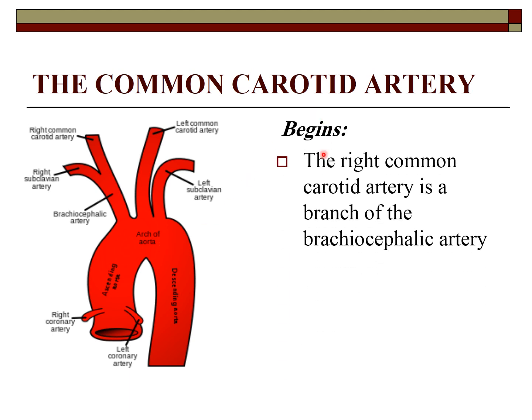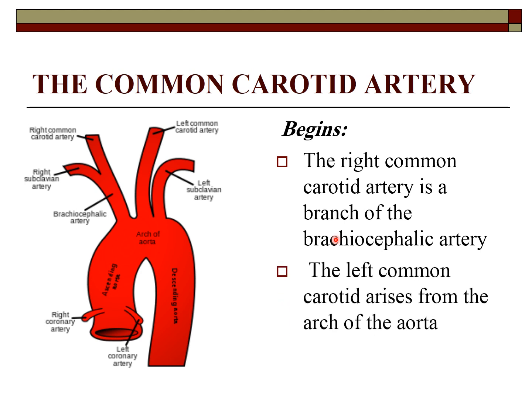The right common carotid is a branch of the brachiocephalic artery. The left common carotid arises from the arch of the aorta. This brachiocephalic artery also has another name, the innominate artery.